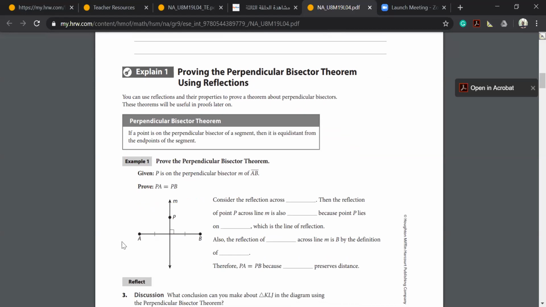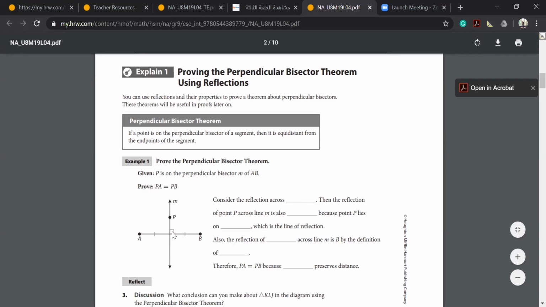Can you see this segment in here? We have a line segment AB, right? And then we have this line M, and this line M here is a perpendicular bisector of AB. Since it's a perpendicular bisector, this angle is 90, this angle is 90, and since it's a bisector, this part is exactly equal to this part, right?